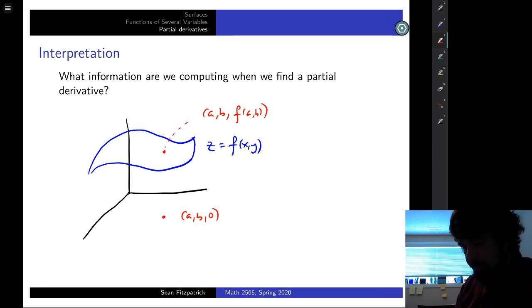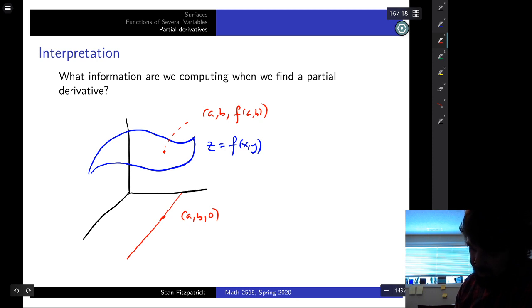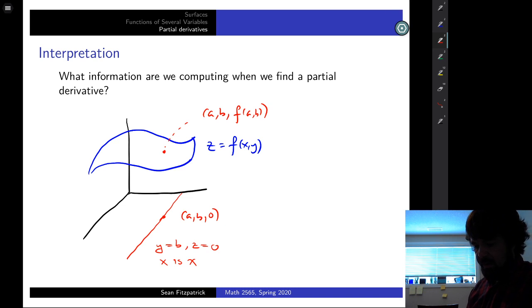So one of the things we can do is we can say, well, what would happen if I held y constant and I vary x? Okay. So I look at this line. So this would be the line where y is equal to b, z is equal to 0, and x is free. x is allowed to vary, right?